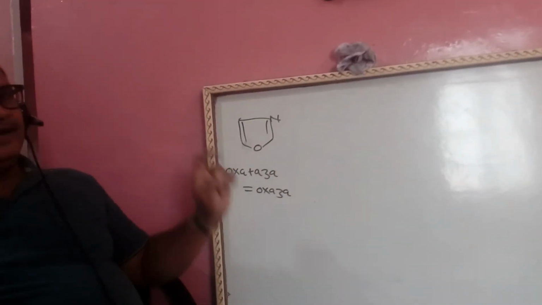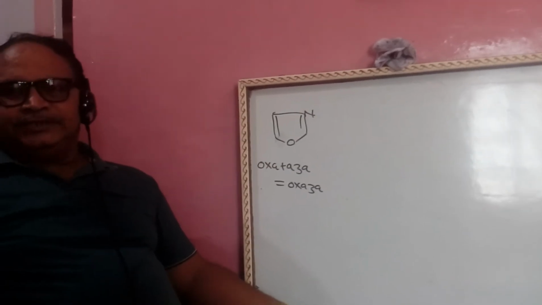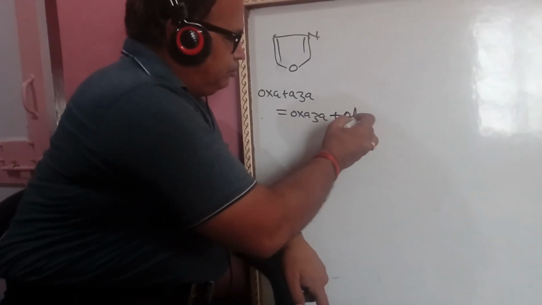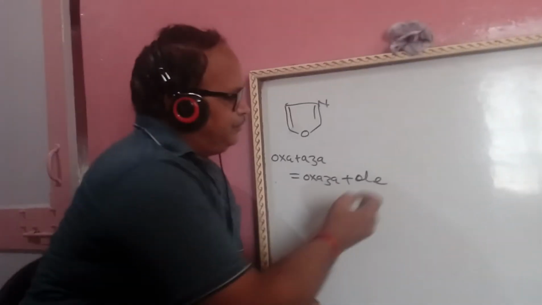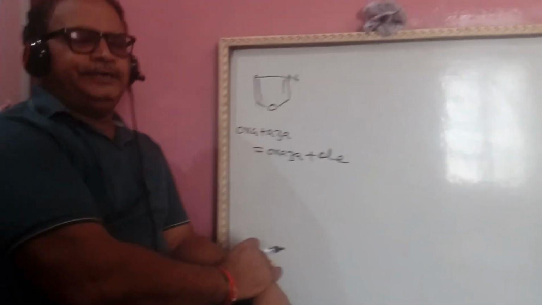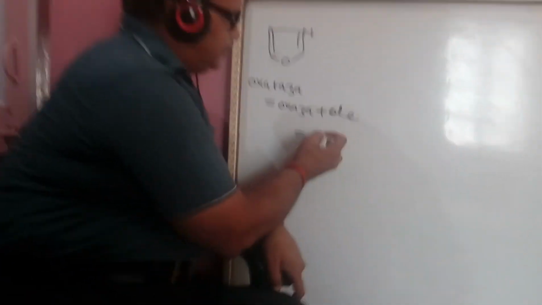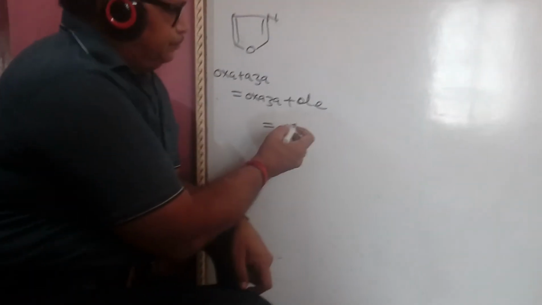Now the ring is 5 membered and unsaturated, so the stem and suffix will be -ole, and the name will be oxazole.